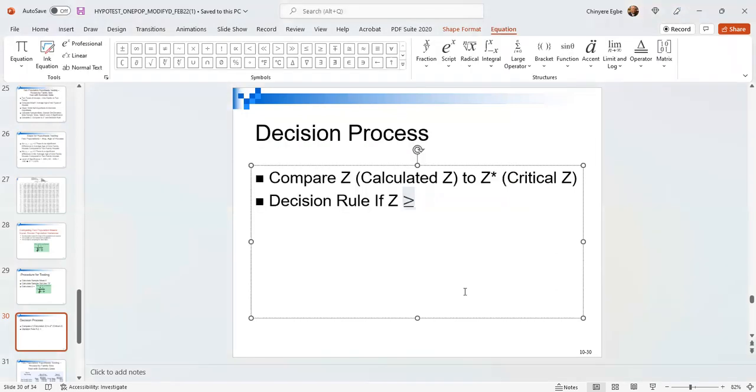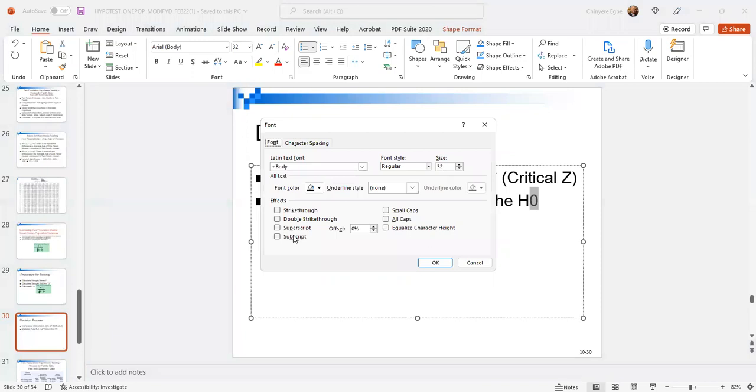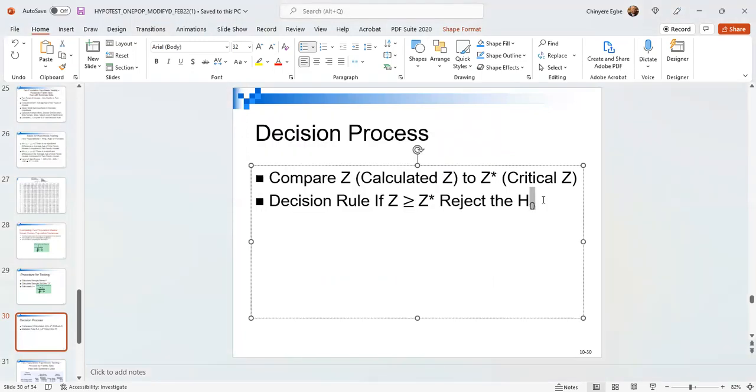If Z is greater than or equal to Z star, reject the null hypothesis, and the average age of houses is equal. Okay. All right.